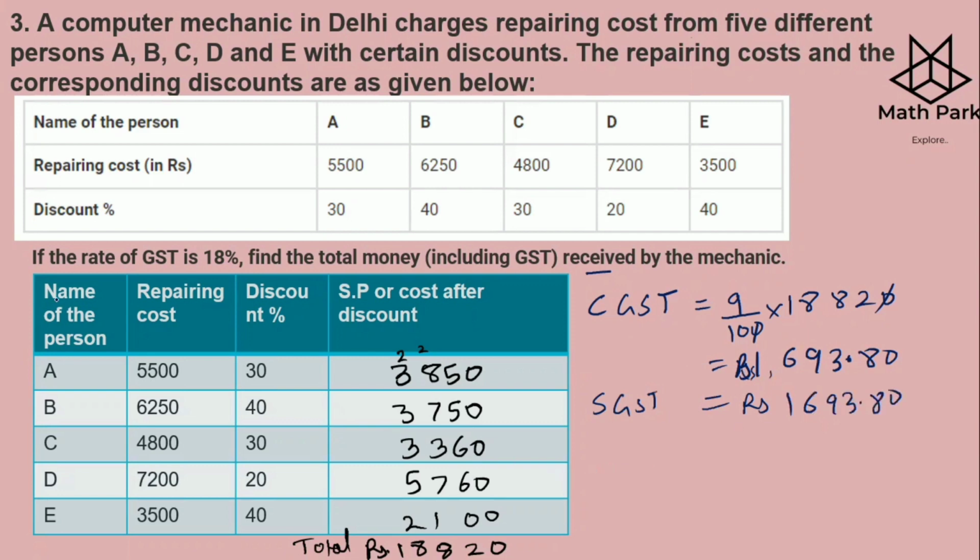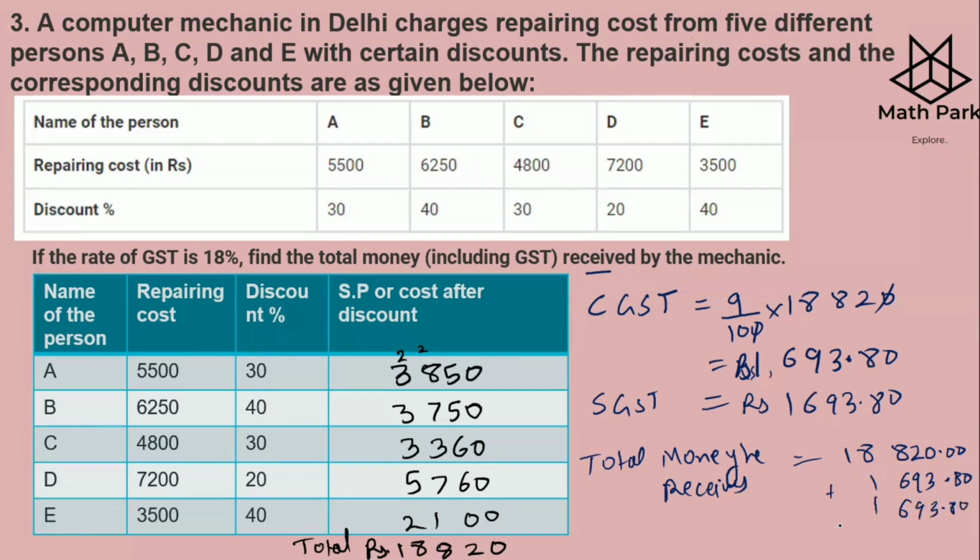So the total money that the mechanic receives, including GST, you have to add all of these amounts: the selling price, which was 18,820.00, plus 1,693.80 (rupees and paisa, always two decimal places), plus again 1,693.80. So add all of this.